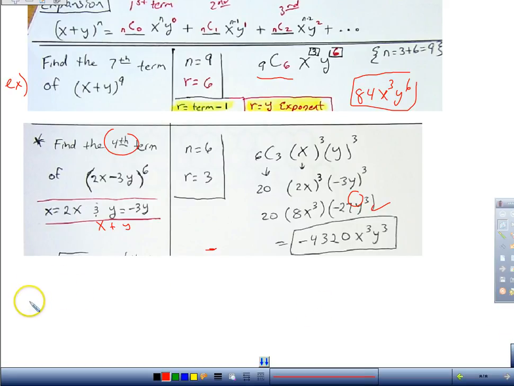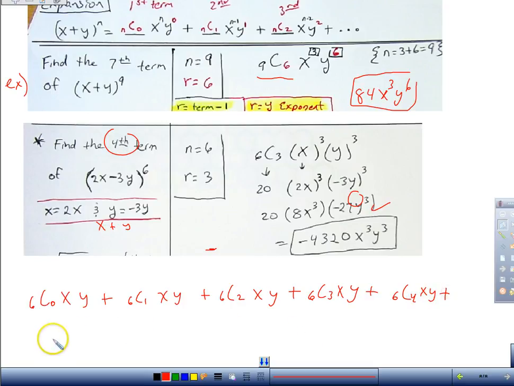It's going to be 6 choose 0, x and y. 6 choose 1, x and y. 6 choose 2, x and y. 6 choose 3, x and y. 6 choose 4, x and y, plus 6 choose 5, x and y. And then finally, 6 choose 6, x and y.